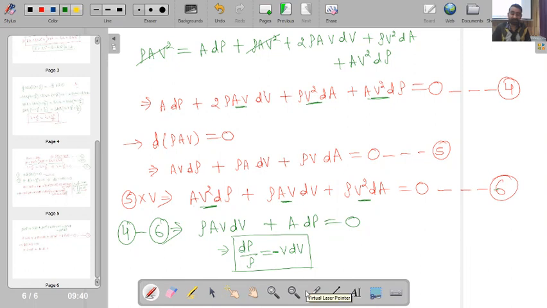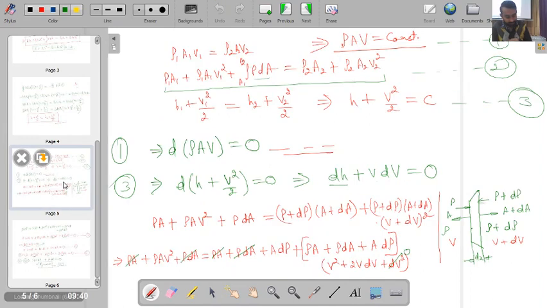Okay. So this is another important equation in the differential form which relates pressure, density and velocity. Is this one clear? So in differential form, one important relation is the continuity equation.